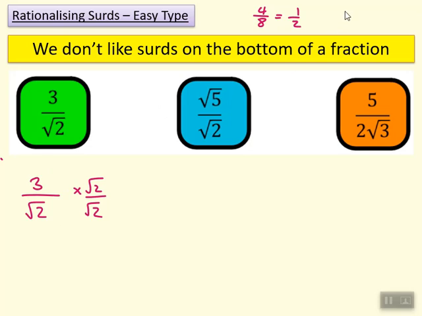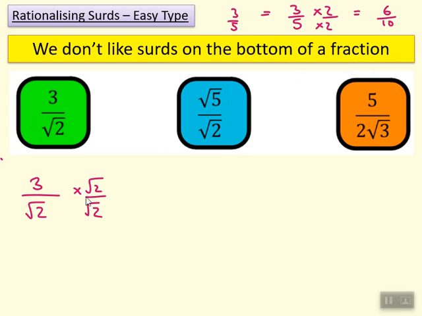For example, if I had 3 over 5 and I multiply top and bottom by 2, I would get 6 over 10. But that is still equivalent to 3/5. They're the same fraction, just equivalent fractions.